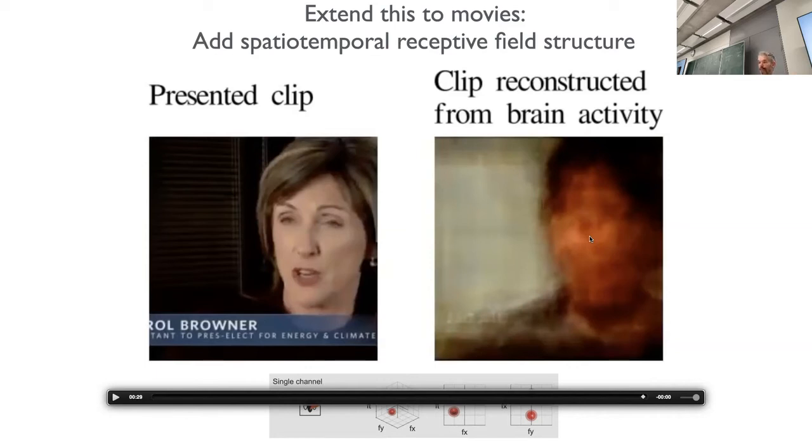Just one last question. The correlation matrix that you showed, it was based on just the orientations of the images, right? Yeah, local orientations. They don't have to be straight lines. Every voxel, every patch of cortex that you're sampling from, will have some receptive field somewhere in the image.